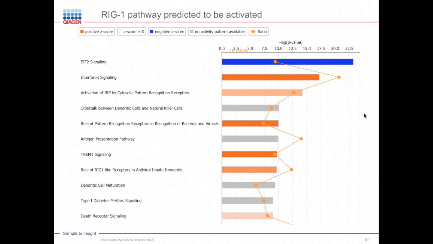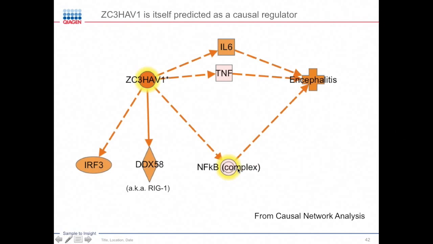And if you go back and say, okay, RIG1, so you see how the RIG1 pathway had come up before. And in fact, if you go back and look at the causal network analysis, you also see that the ZC3HAV1 is itself a causal master regulator, and partly by working through RIG1, which is also called DDX58, to drive expression change in the data set.